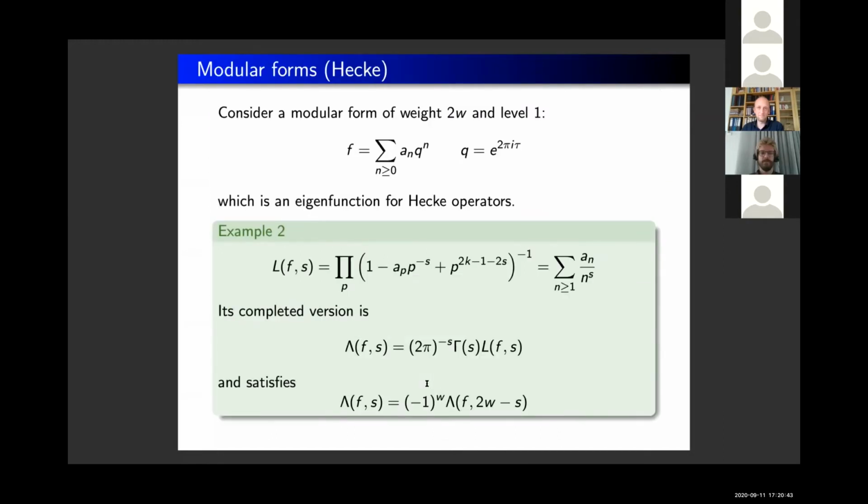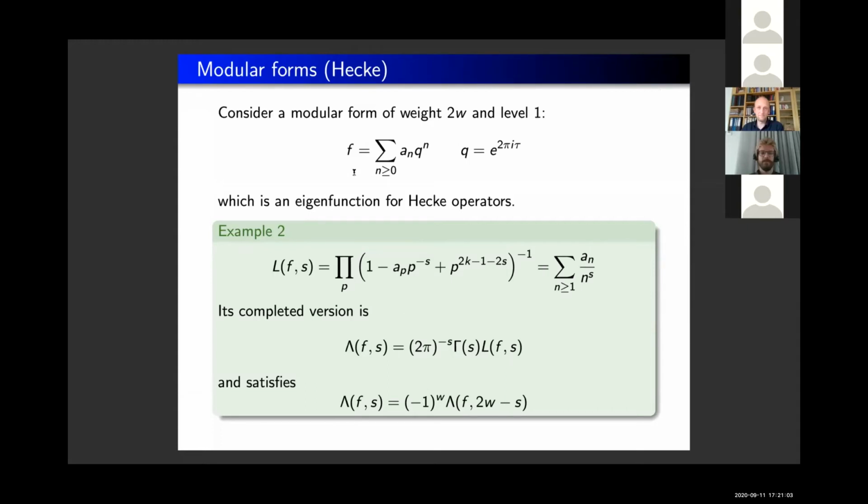Here's another example that's come up quite a lot in this conference. Let's just take a modular form for simplicity of level 1, but it works in any level. So everything on this page was worked out by Hecke a very long time ago.